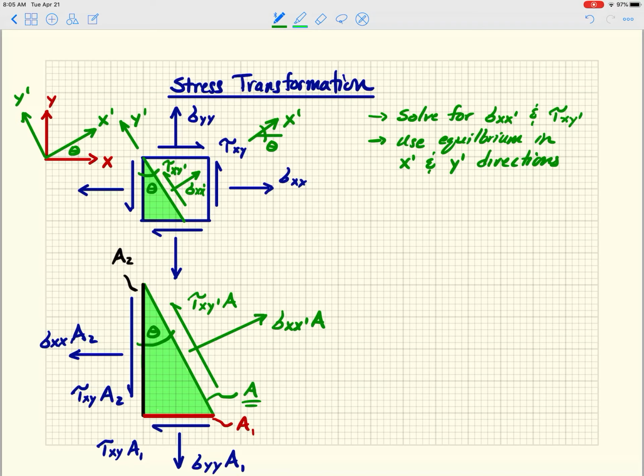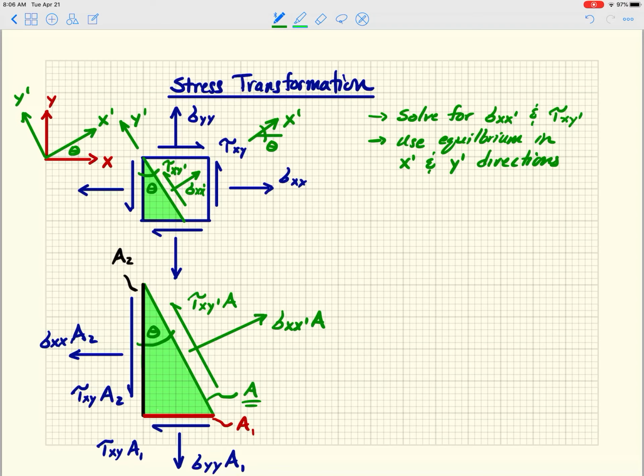You can see A1 is way smaller than A2, and both of them are smaller than capital A, so that geometry has to be accounted for when we sum forces in the x prime and y prime directions.